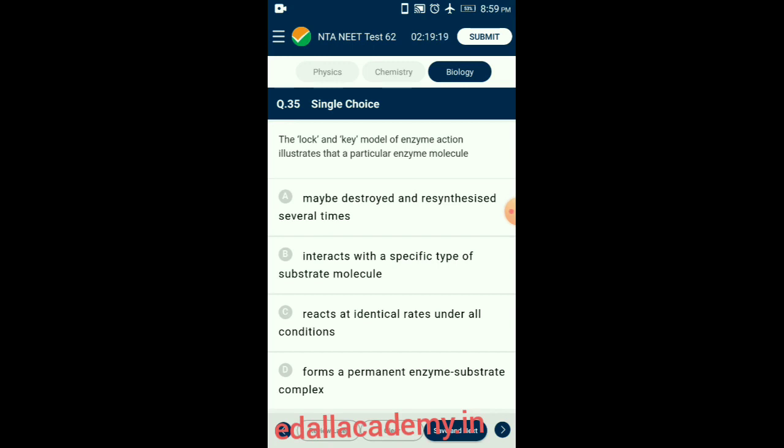In other words, it illustrates that a particular enzyme molecule interacts with a specific type of substrate molecule. So the answer is option B, interacts with a specific type of substrate molecule.